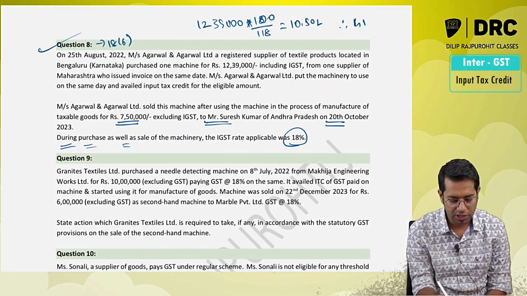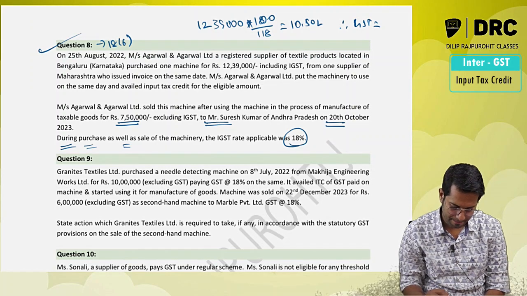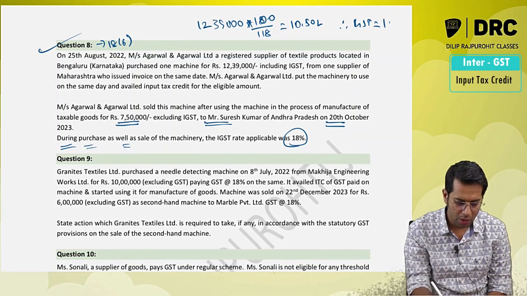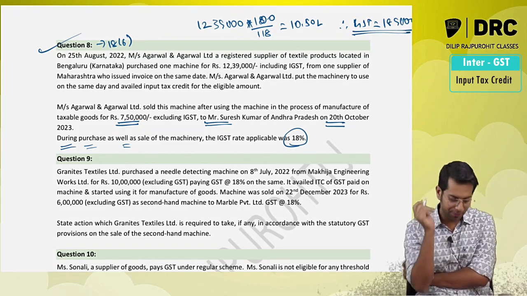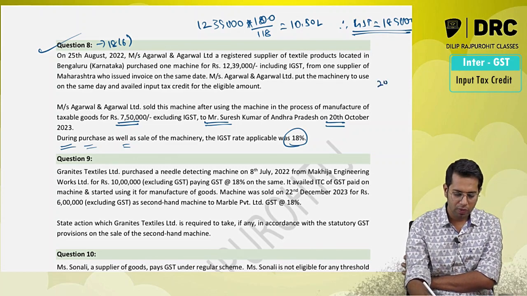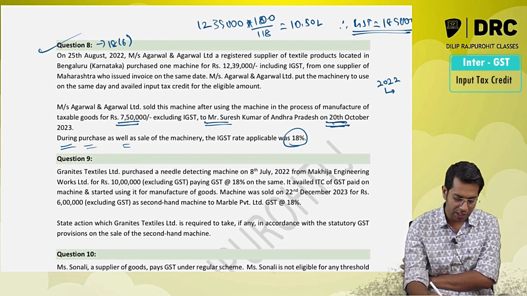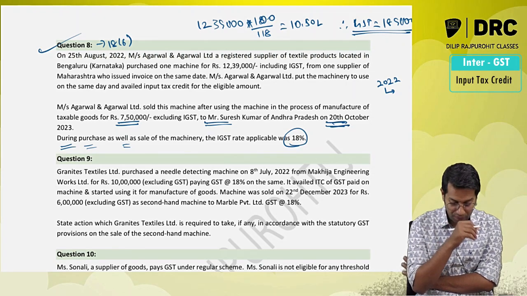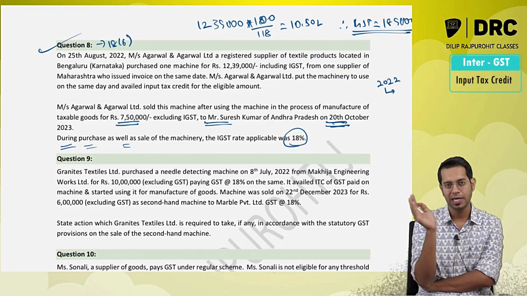Therefore, the GST amount is 1,89,000. On this machinery he would have taken input tax credit. Now he purchased in the month of August 2022 and sold this machinery on 20th of October. Because he sold the machinery, 18.6 says that you will have to reverse the input tax credit, which is how much?